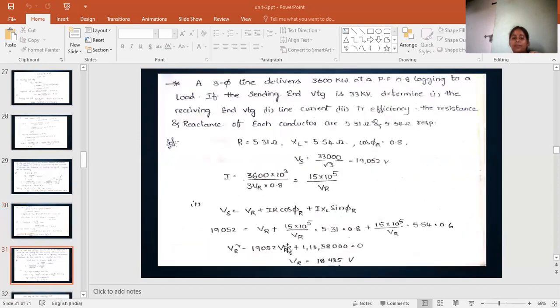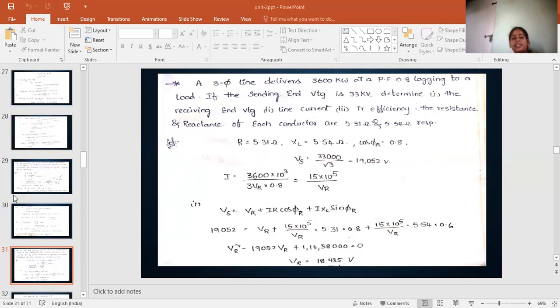Okay, in another way, one more problem is there, and this is also a three phase problem. A three phase line delivers 3600 kilowatts at a power factor of 0.8 lagging to a load, and the sending end voltage is 33 kV. Determine the receiving end voltage VR, the line current and the transmission efficiency.